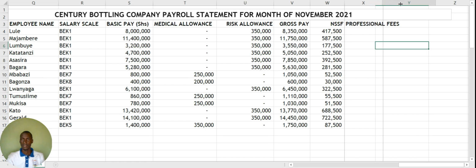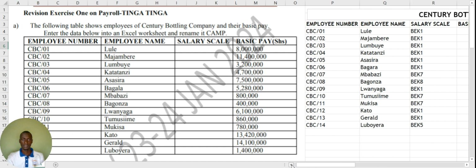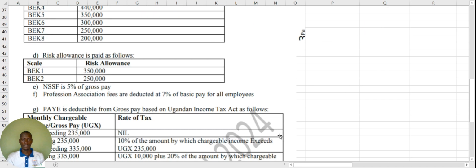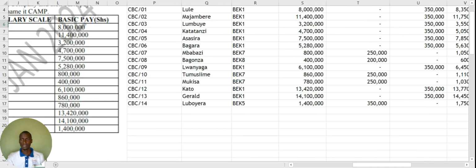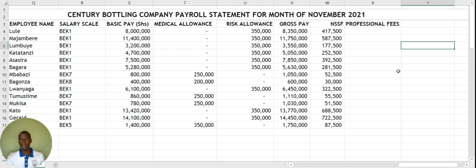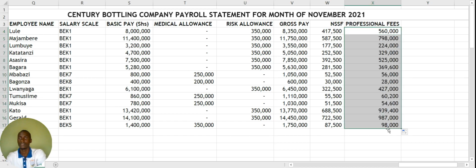How do we compute the professional fees? That's 7% of the basic pay. So this is 7% times the basic pay. That is 560,000. So that is your professional fees.